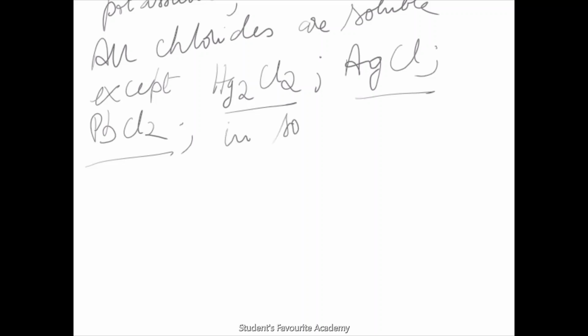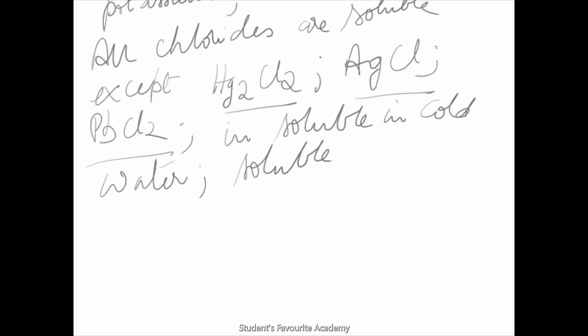These are insoluble in cold water, but when you add hot water, they become soluble. So, soluble in hot water. Okay. Then I told all sulfates are soluble, but there is an exception. What is the exception?